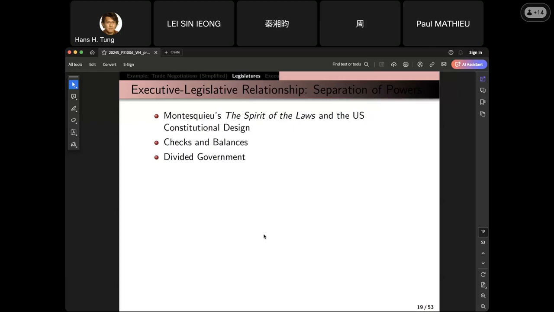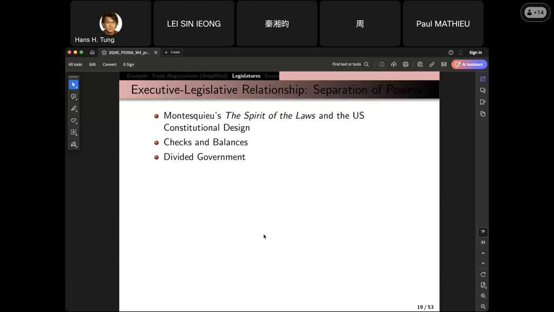But it doesn't just have the 3 components, right? It also has another feature, which is checks and balances. This means that we give each institution some powers, but at the same time, the powers have to be used to check the power of the other institution. So there isn't a single institution that can abuse the power it has.